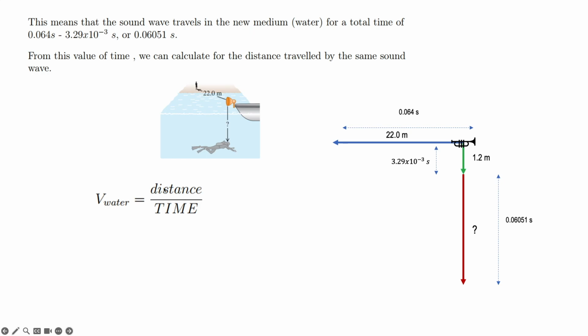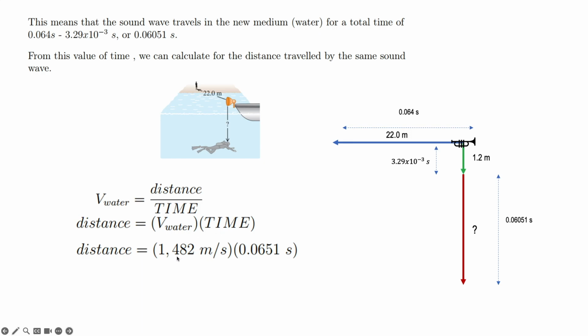So we have to derive an expression for distance because that is what we are going to find in this case. When you manipulate your equation, you end up with distance equal to the velocity in the water times time. And if you remember earlier, the velocity of water at 20 degrees Celsius is 1,482 meters per second.